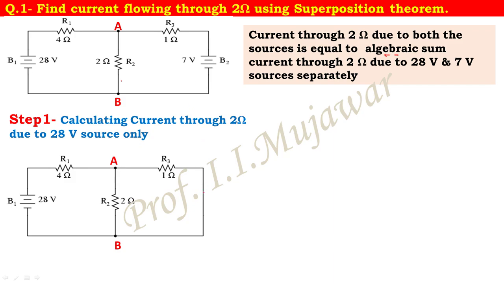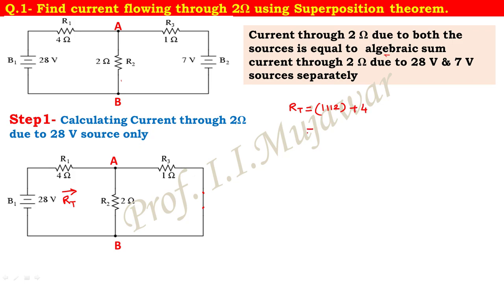The 7 volt source is shorted. Now here we will calculate current through 2 ohm by using the current divider rule. For that, first we will calculate the total resistance seen by the battery. So here I will write RT. That means this 28 volt source is observing a resistance RT, where this 1 and 2 are in parallel, so it is 1 parallel 2, and that parallel combination is in series with 4.